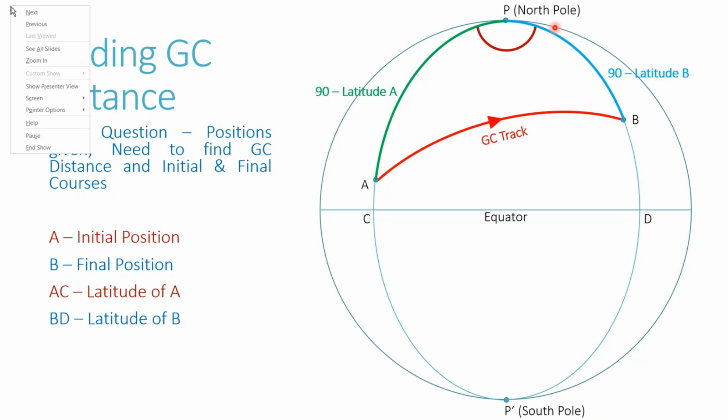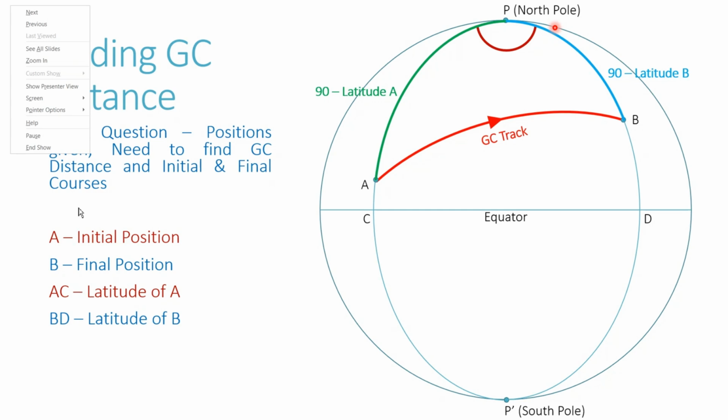Now the directions do not change, beta. Whenever you make a diagram like this, the right side of the diagram always represents easterly direction. Whether you are looking at the earth from the Greenwich meridian side or from the 180-degree meridian side, in both the cases, when you look at a diagram, the right side of the diagram always shows easterly direction and the left side of the diagram shows the westerly direction.